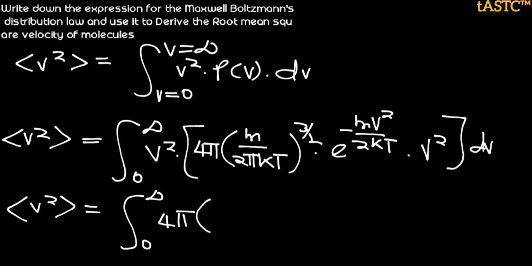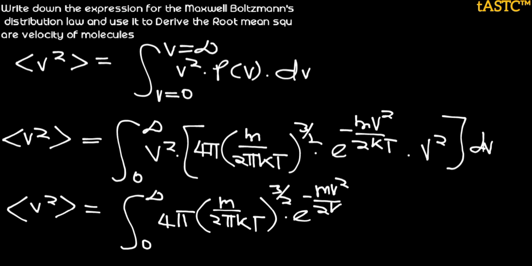We have 4 pi multiplied by m divided by 2 pi kT, raised to the power of 3 divided by 2. This will be multiplied by e raised to the power of negative mv squared divided by 2kT. And here we're going to have v to the 4th, with a dv. So pretty much, that is what we got over there.